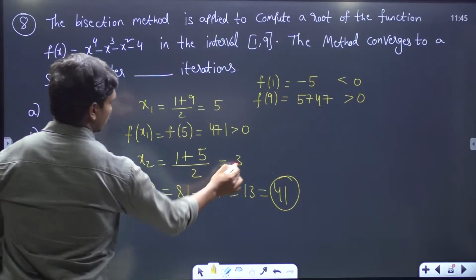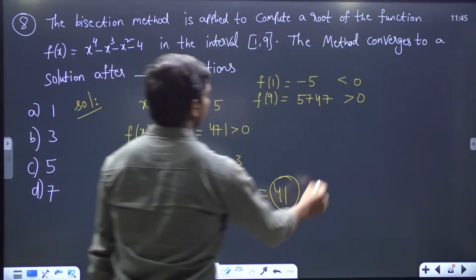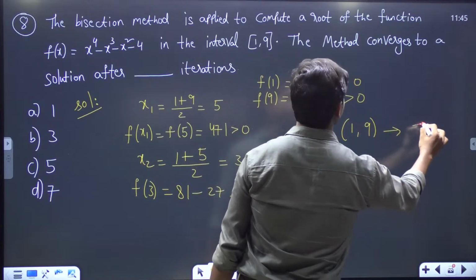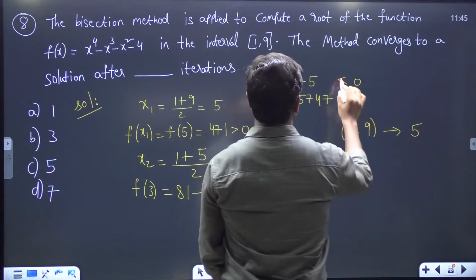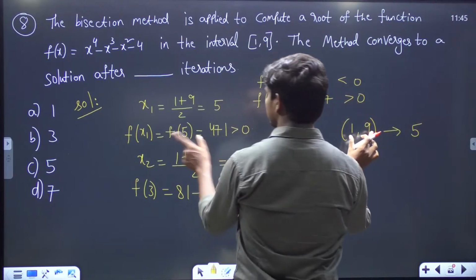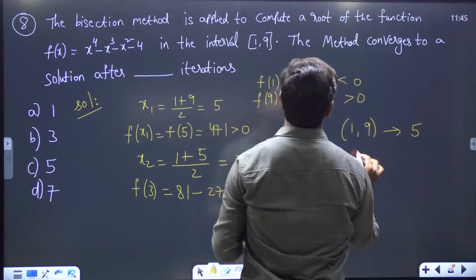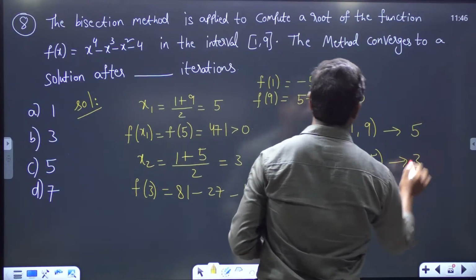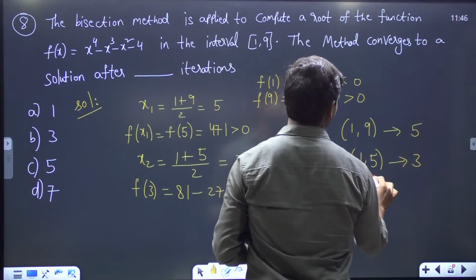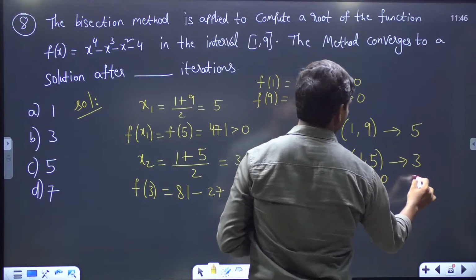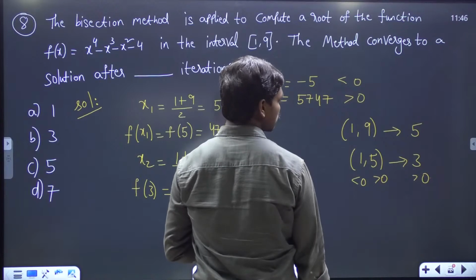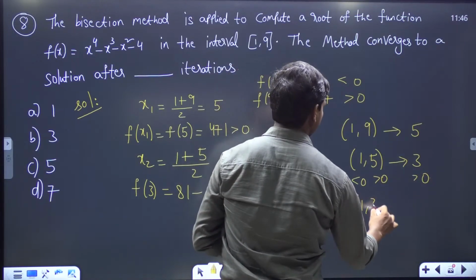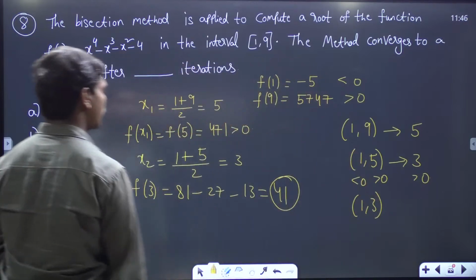Initially the interval is 1 comma 9 and we got the mid value as 5. These two ends are opposite in sign, but f of 5 is greater than 0, which means the root lies in 1 comma 5. Now for 1 comma 5 you got 3; for 1 it is less than 0, for 5 it is greater than 0, and f of 3 is also greater than 0, which means the root lies in 1 comma 3.